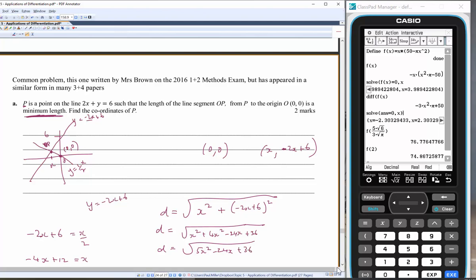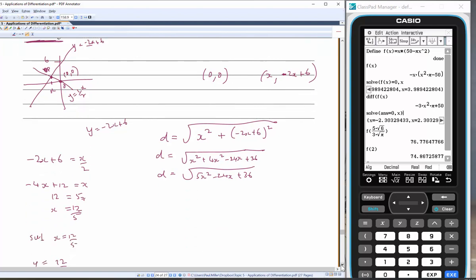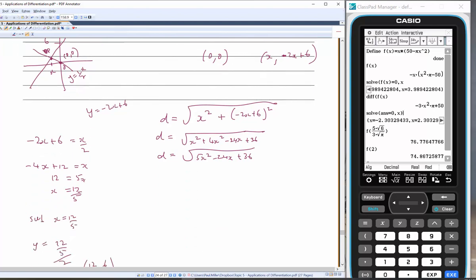All right, so now what I've got to do is differentiate that thing. It's going to be chain rule. So dD/dx equals... to do chain rule on this, D equals u to the half, u equals 5x squared take away 24x plus 36.